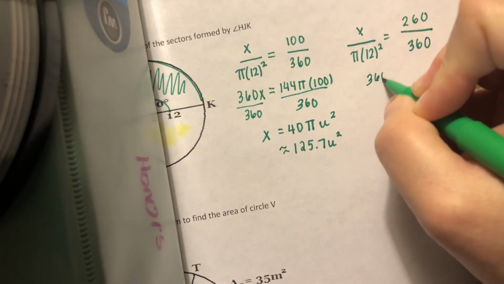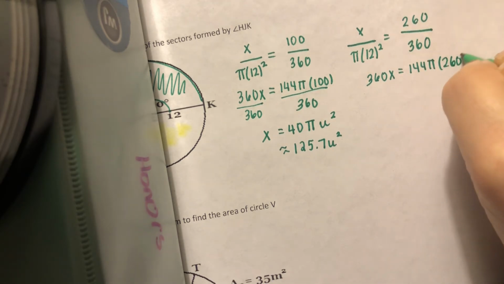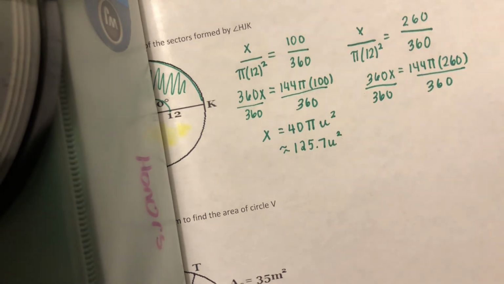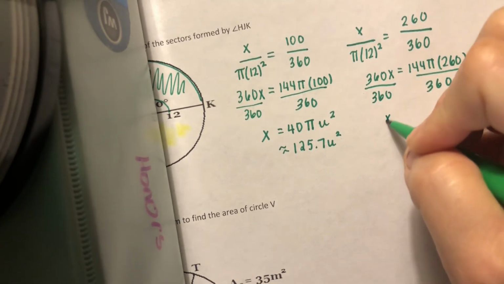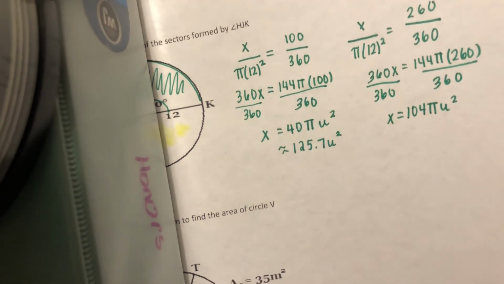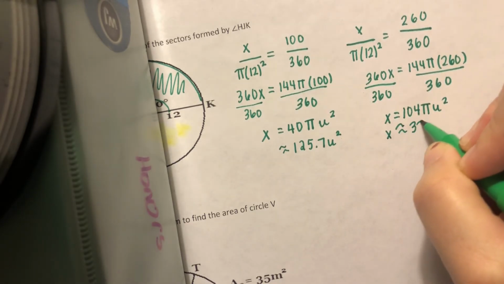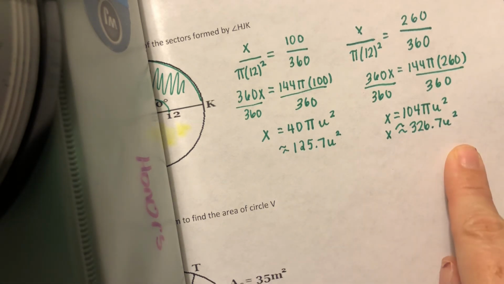I'm just going to show you the cross multiplication way since that's what's new. Might as well work on it. Okay, so if we do 144 times 260 divided by 360, let's see if this does come out nice as well. So this is either 104 pi units squared or about 326.7 units squared. Those are my two areas of my sectors.